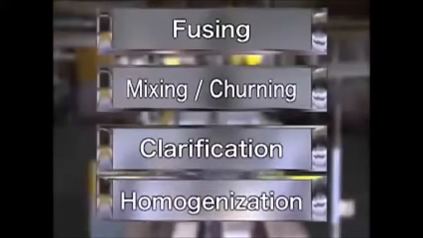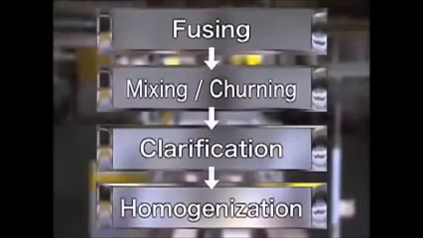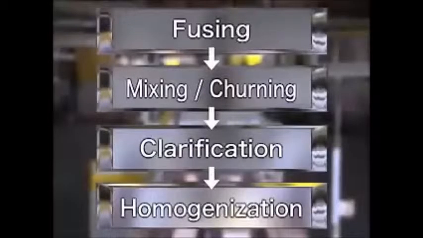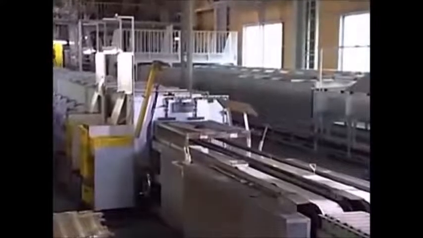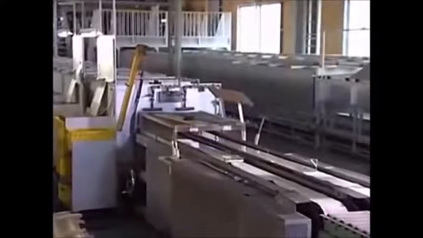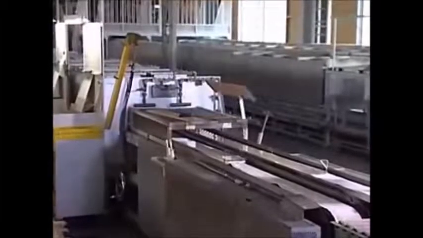The glass is again melted at about 1300 degrees Celsius, mixed and churned, clarified and then homogenized. Having completed this process, the material becomes homogeneous liquid glass free of air bubbles. Poured into the shaping part, the liquid glass is shaped into a sheet.